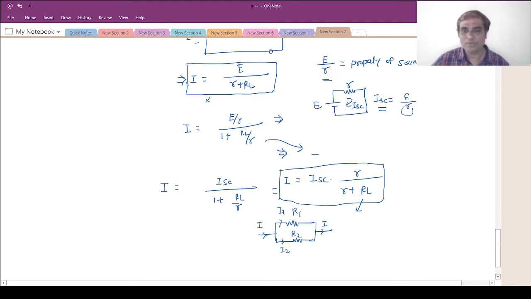So if I would like to calculate, for example, I1, and suppose you know I, R1 and R2, you can use the current division rule. We know it. What will be I1? I1 will be total current into opposite resistance divided by sum of the resistances for which I would like to do the current division. I would like to find out the current in that particular branch.